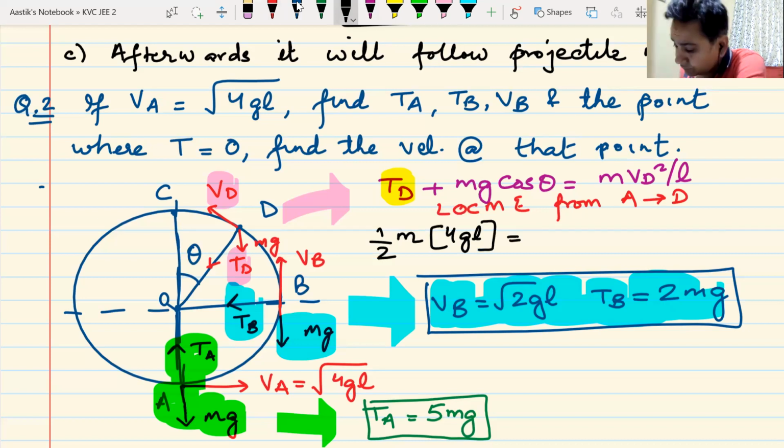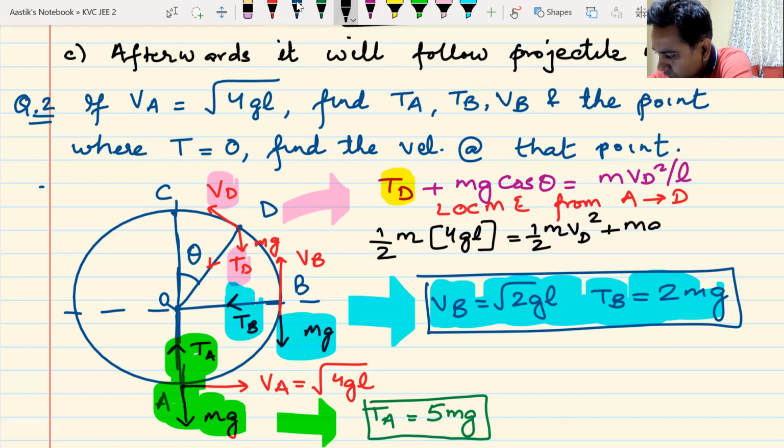That will be equal to half m VD square, I don't know VD, plus mgL into 1 plus cos theta.